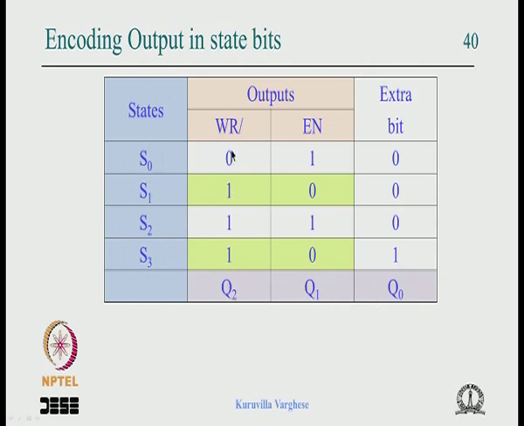This is to decode the output from the state, because there is repetition in the output pattern. So we add an extra bit to demarcate them, and at the cost of one flip flop, our output delay is reduced.